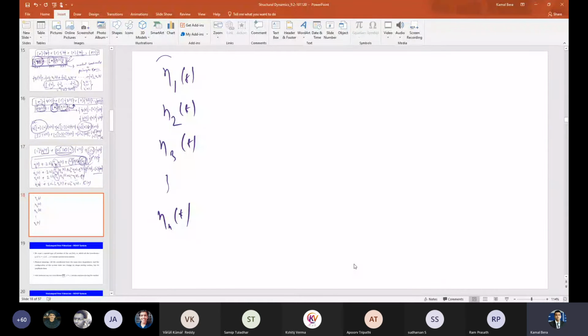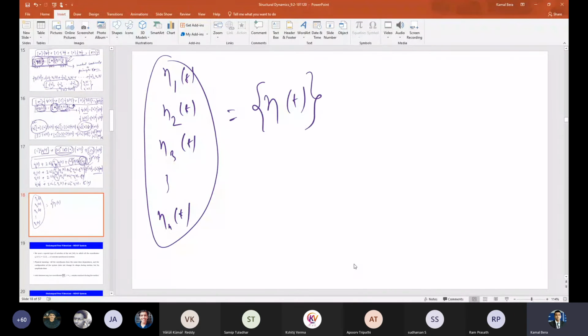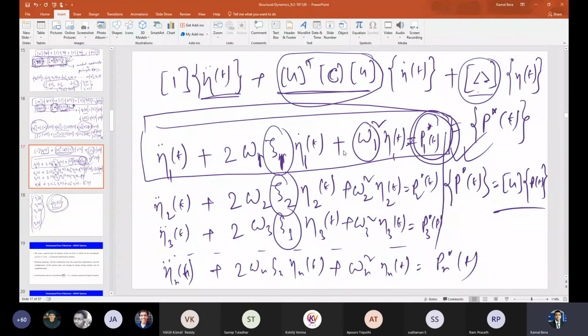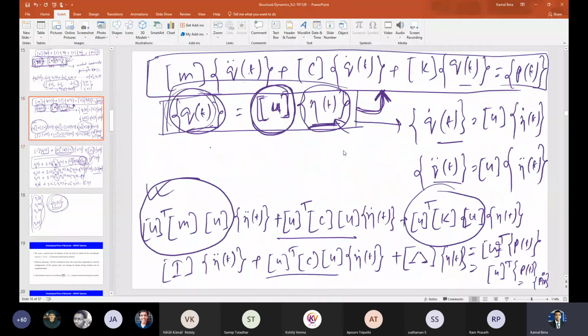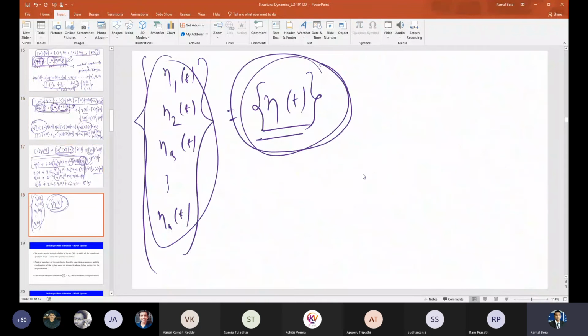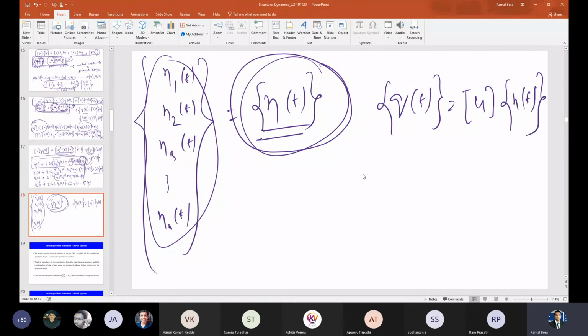So once you obtain this, you can construct the eta t vector, correct? Because this is nothing but this. Then this is known to you. Now put it back here: q(t) equals U into eta(t).